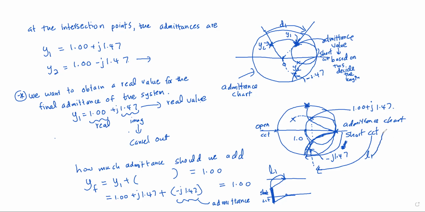From this point we need to measure the distance. We don't take the shortest distance; we always follow a certain direction. Since we are measuring from the short circuit point up to this intersecting point, we have to measure along this direction.